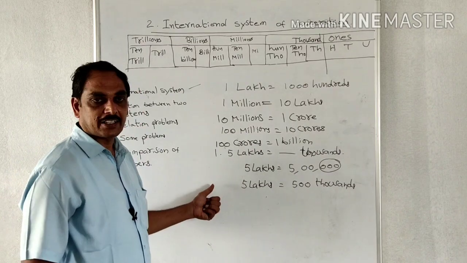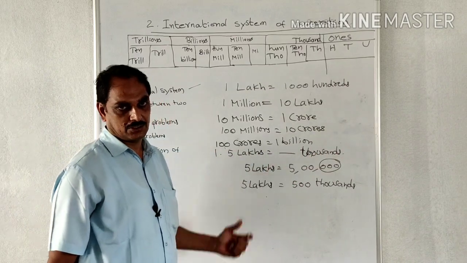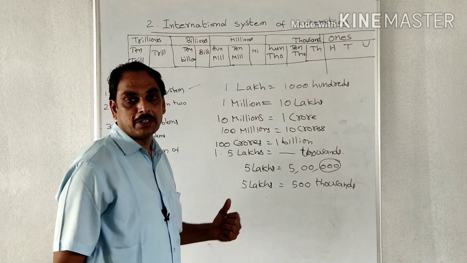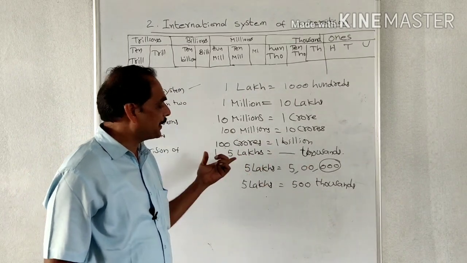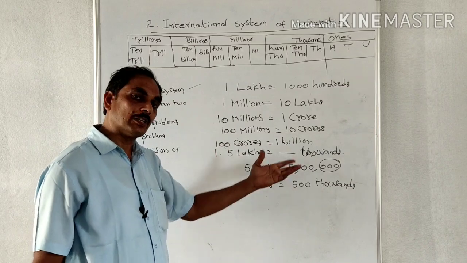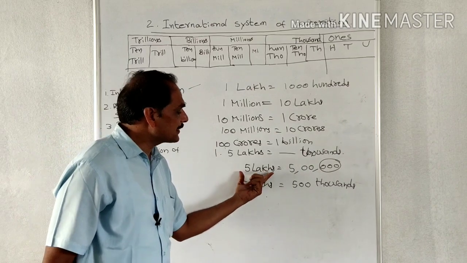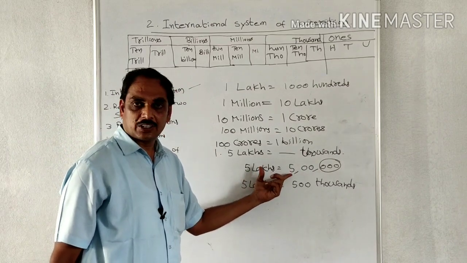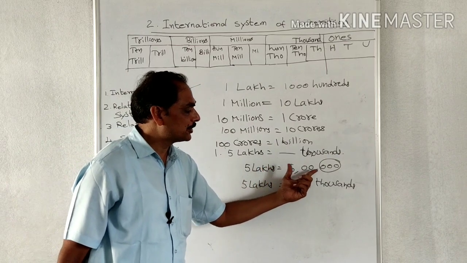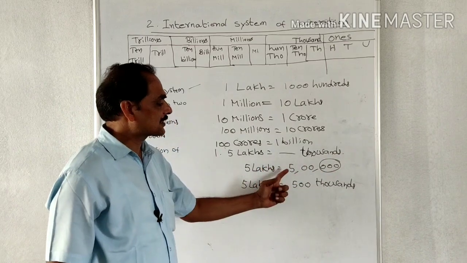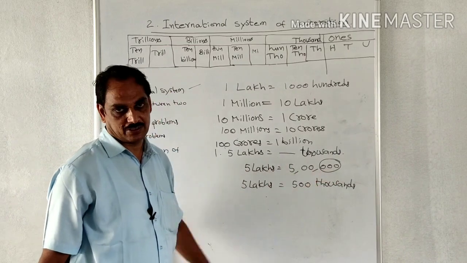Once again, 5 lakhs equals dash thousands. Or it may be asked in another way: how many thousands make 5 lakhs? We write it in numeration form: 5 lakhs is 5, 0, 0, 0, 0, 0, containing 6 digits, with 5 zeros.